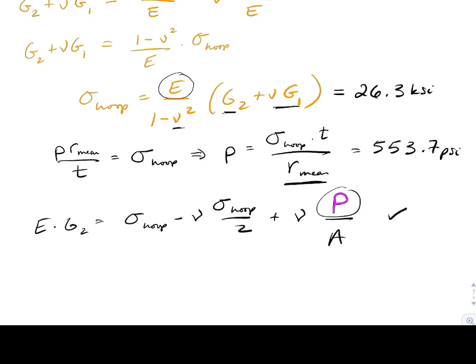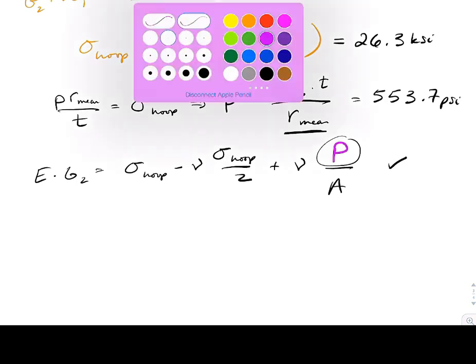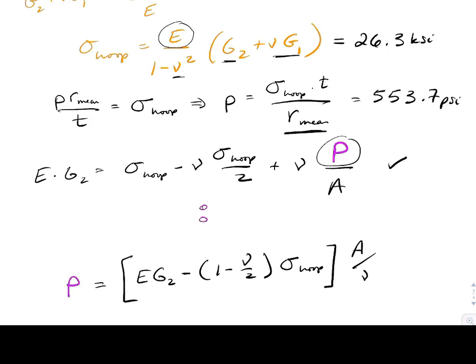It's a little bit of math to solve for this, but if you do it, you'll end up with an equation for the applied external load, which would be E times G2 minus the quantity 1 minus Poisson over 2 times sigma hoop, and that whole thing is going to be multiplied by A over Poisson's ratio.